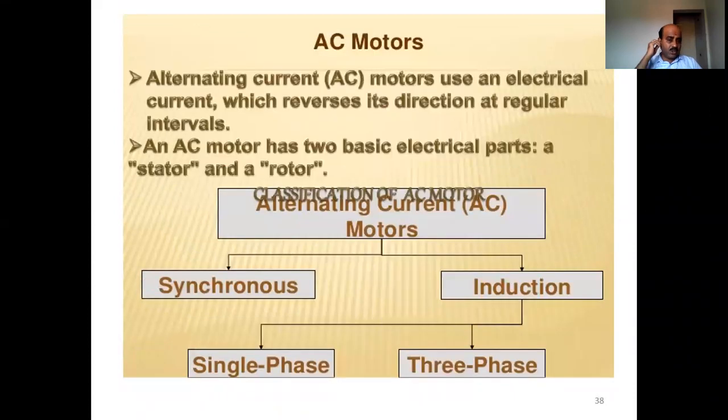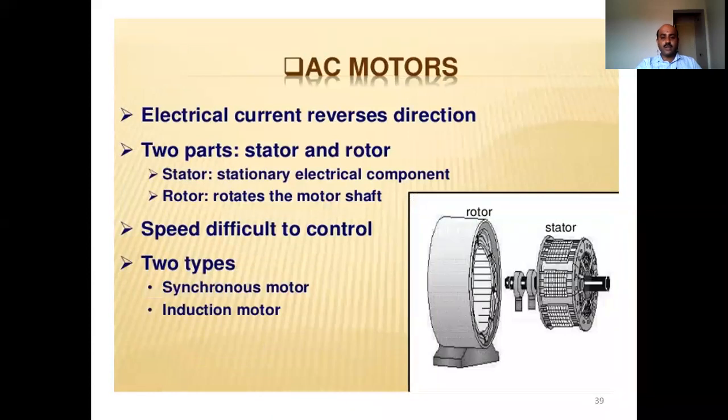Let us take AC motors. Alternating current motors use an electrical current which reverses its direction at regular intervals. This we already know. Alternating current keeps on changing or reversing its direction across regular intervals. That is what we call an alternating current motor, or AC motor. An AC motor has two basic electrical parts: one is called a stator, another is a rotor. This is the rotor and this is the stator.